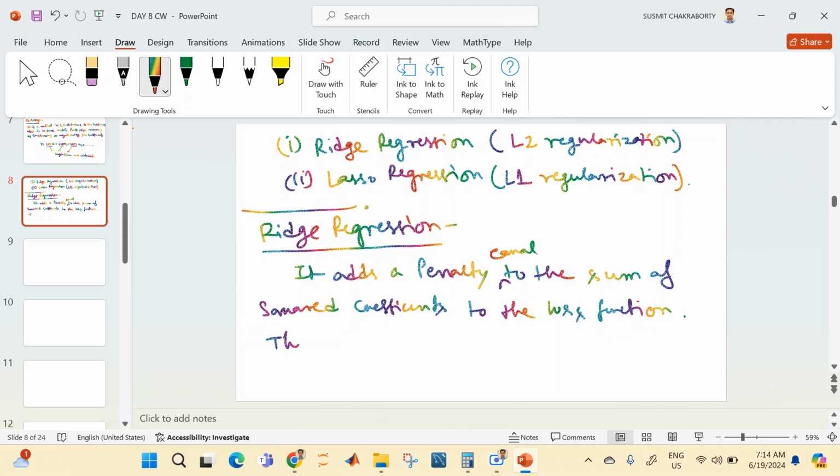The penalty term is controlled by lambda.